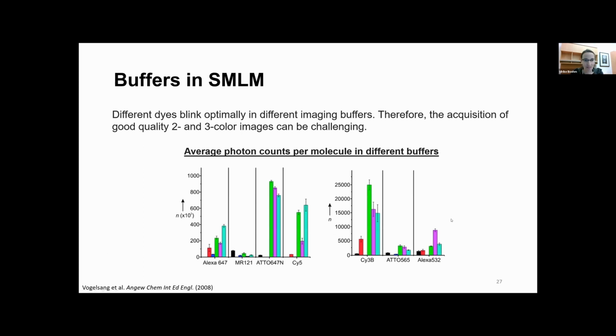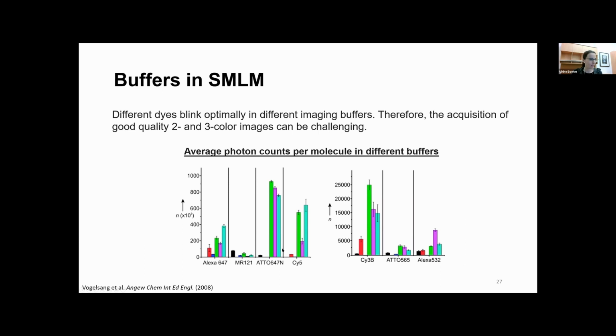What you can see here are two diagrams, and for these bars you only have to remember the color, not the underlying buffer. All these different dyes were imaged with 5 different buffers, and you can see the total number of fluorophores that we were able to detect during these experiments. You can quite clearly see where one dye's optimum is, for example Cy3B has an optimum with the red buffer, otherwise the signal is actually quite low.